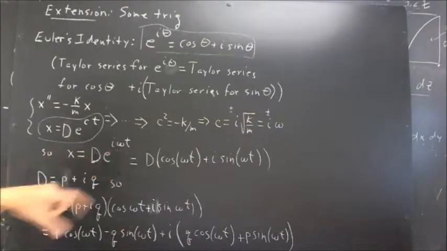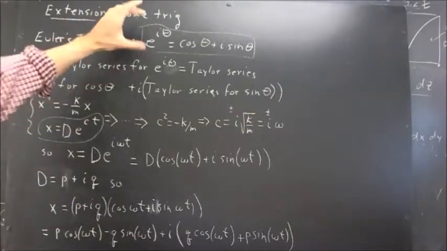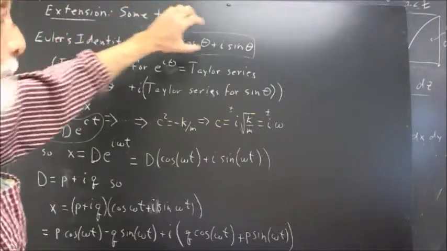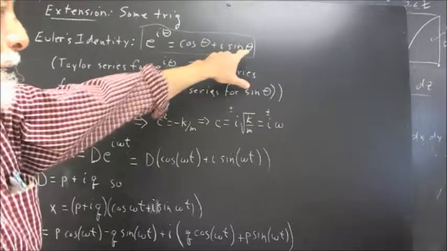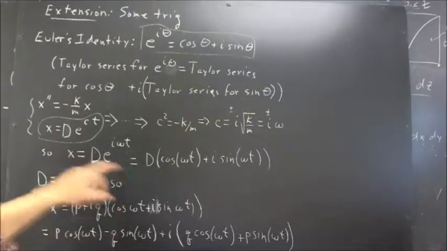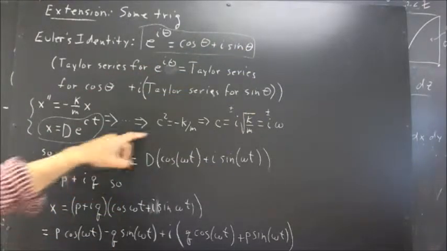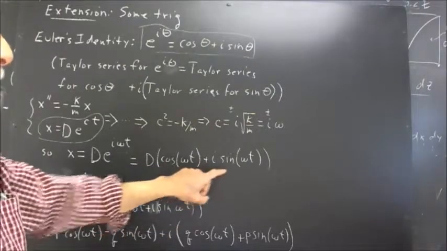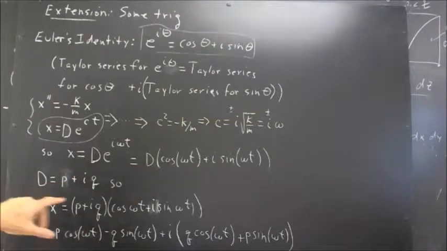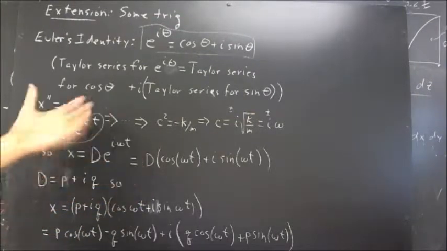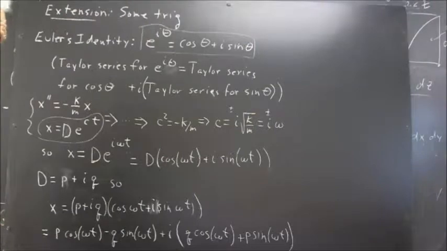And what's e to the i omega t? By Euler's identity, if we replace theta by omega t, we get cosine of omega t and i sine of omega t. So this becomes d times the quantity cosine of omega t plus i sine of omega t. Now, we're into the realm of complex and imaginary numbers.